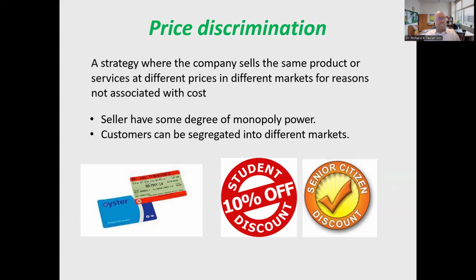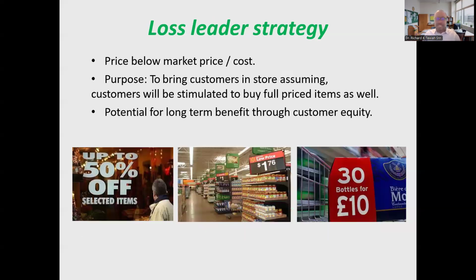You go and pick the train, some people will sit in the business coach, others will sit in the normal place. Like an airline, we've got business class, the economy. We all go to the same destination, but we will not all be treated the same because we don't pay the same. So here, the seller will have some degree of monopoly power, and customers can be segregated into different markets. That's price discrimination.